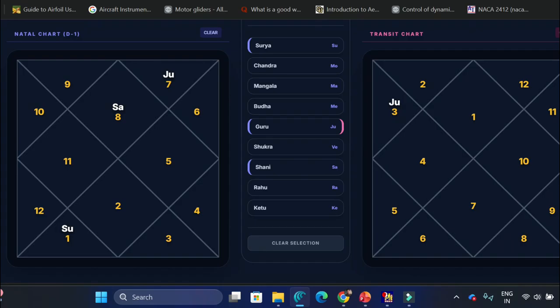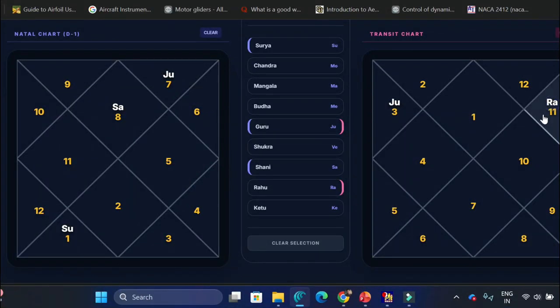Currently, where is Rahu? Rahu is in, I think, Aquarius. Pisces, Aquarius. Okay, so Rahu is in Aquarius currently. So 10 years ago, where would Rahu have been?